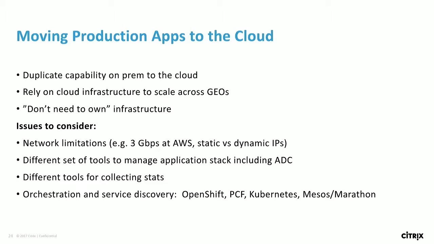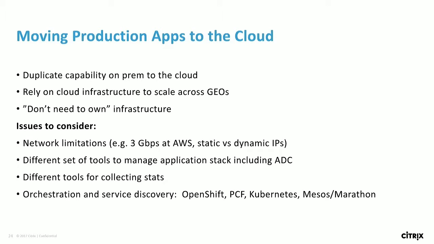There are different sets of tools available to manage the stack for ADCs. Do you want to use proprietary tools, or standards-based tools across on-prem and off-prem? And how do you support service discovery for platforms that you may build on-prem and take to the cloud?